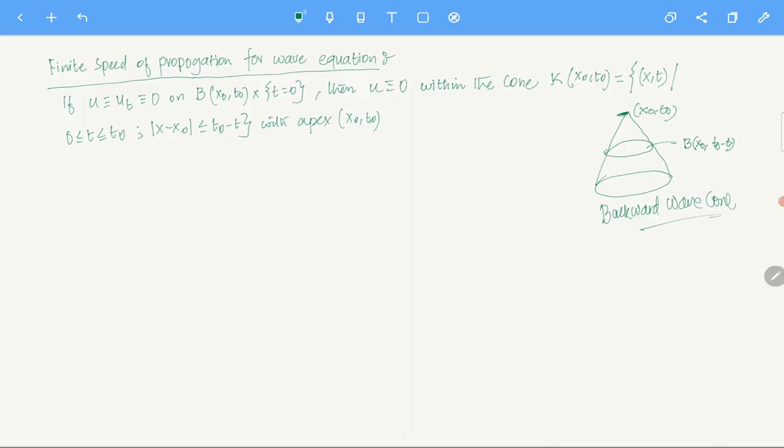Okay, so let us prove this theorem first. First thing first, we will use the energy formulation here.